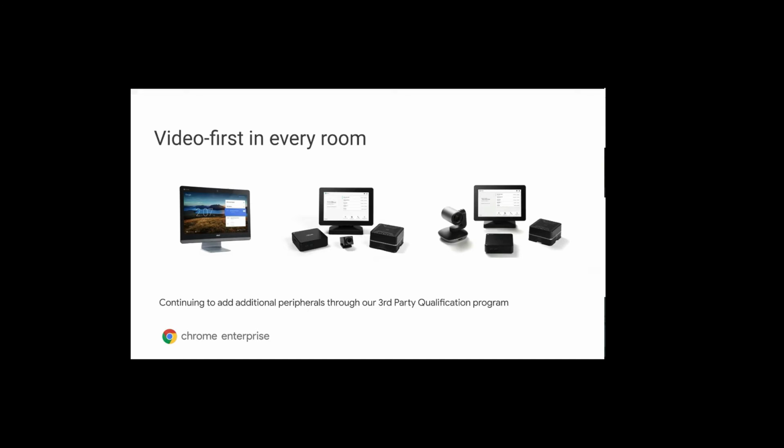In the middle here is what a smaller room might look like, versus at the very far right, you've got a very large room setup. So you can see how easy it can be to set up meeting hardware in every place inside a customer's business, whether it be a small phone booth closet, as I like to call those, all the way up to an extremely large conference room.